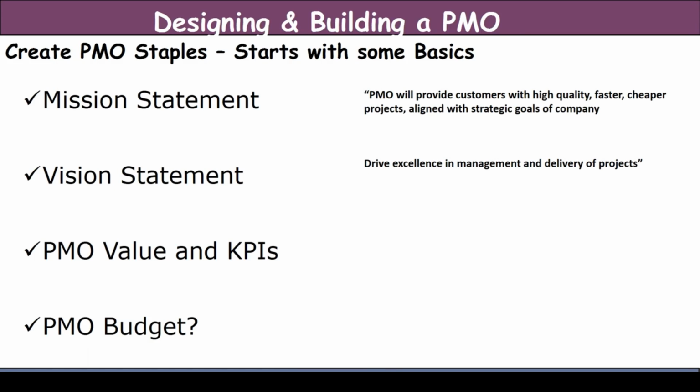What you're really trying to do is you're trying to get the troops, you're trying to get the PMO team members to rally around what you're doing in the organization, and you can do that by having a solid mission statement, having a vision statement. Your PMO value and your KPIs are going to be very different for every organization. What kind of KPIs do you want to track? And then we talked about the value statements, and then of course your budget.